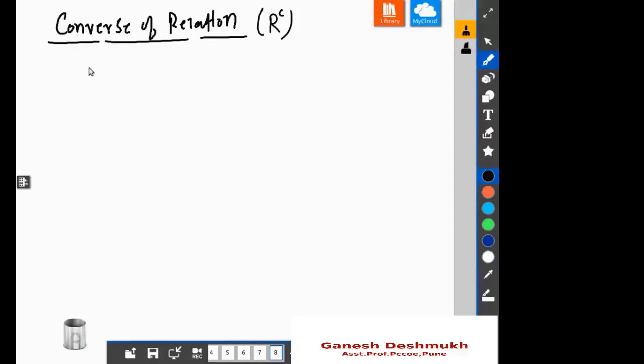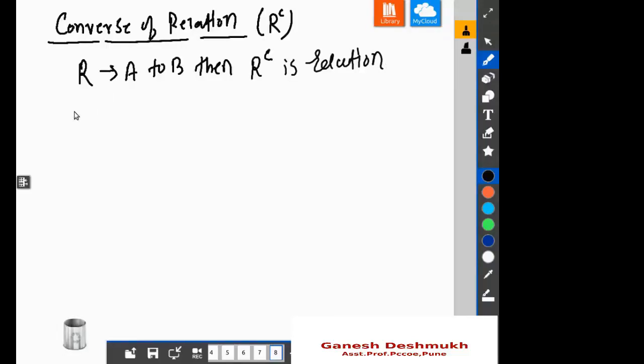So if you have a relation R which is defined from set A to set B, then the converse of the relation, denoted by R converse, is a relation from set B to set A. So if you have a relation given from set A to set B, then its converse is a relation from set B to set A. Just reversing the pairs it is.